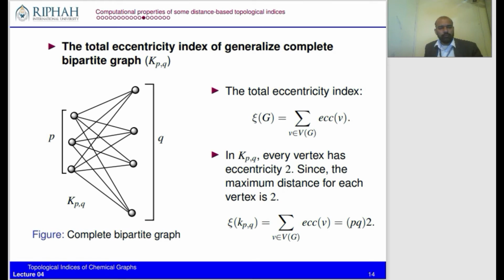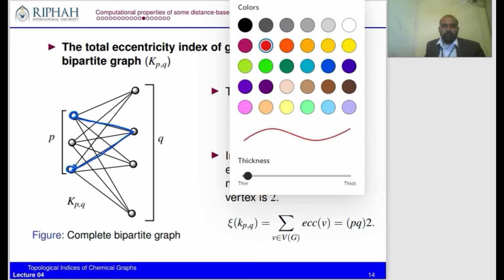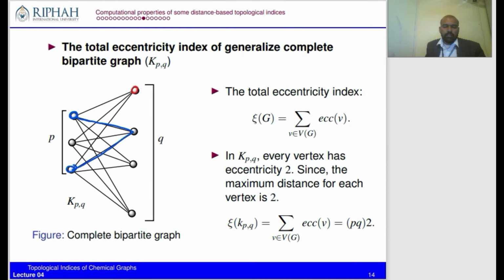If you observe the graph, any vertex has its farthest vertex at distance 2, whether it is in set A or in set B. Because the graph is complete bipartite, the farthest vertex is always at distance 2.